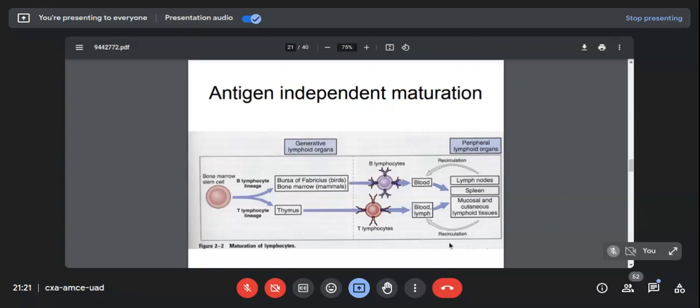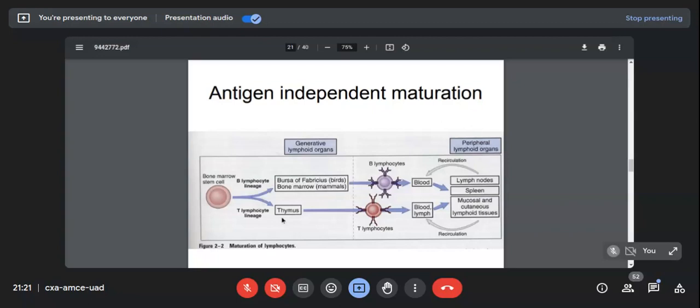Take note of that. So when it goes into the bloodstream, it will encounter an antigen. When it encounters an antigen, it will be activated from there. So once a B or T cell encounters an antigen, it will be activated. Activation will only take place when it encounters an antigen.